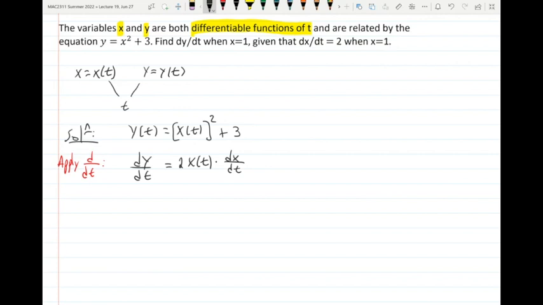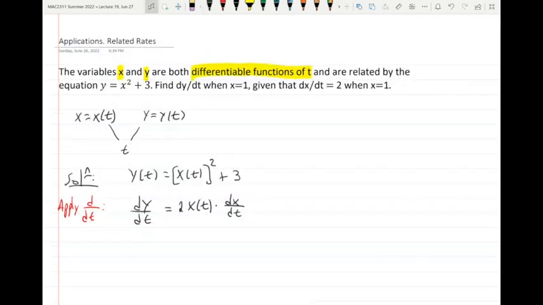From the relationship between x and y, we obtain a relationship between their rates with respect to t. So dy dt is related with dx dt like so. So now the question is pretty straightforward. So find dy dt when x is equal to 1, given that dx dt is equal to 2 when x is 1.